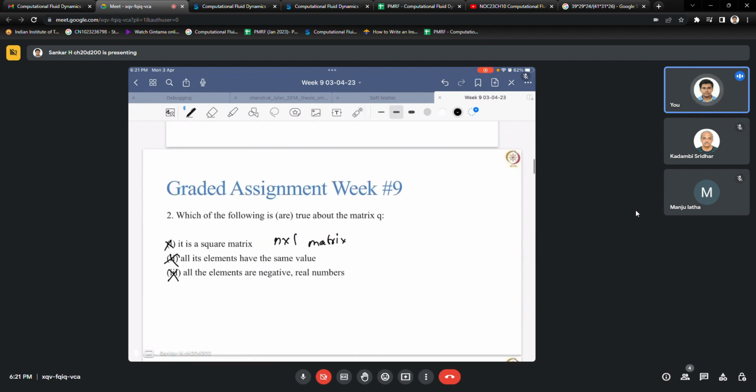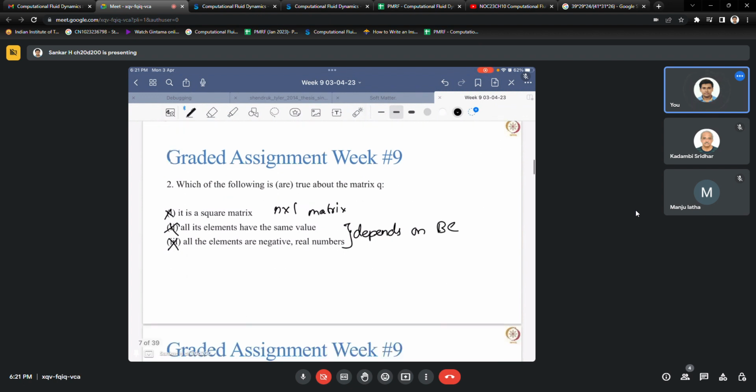So it need not necessarily be a negative real number. It can be a positive number as well. So let me just write that down, that this kind of statement depends on the boundary condition that is being used here.